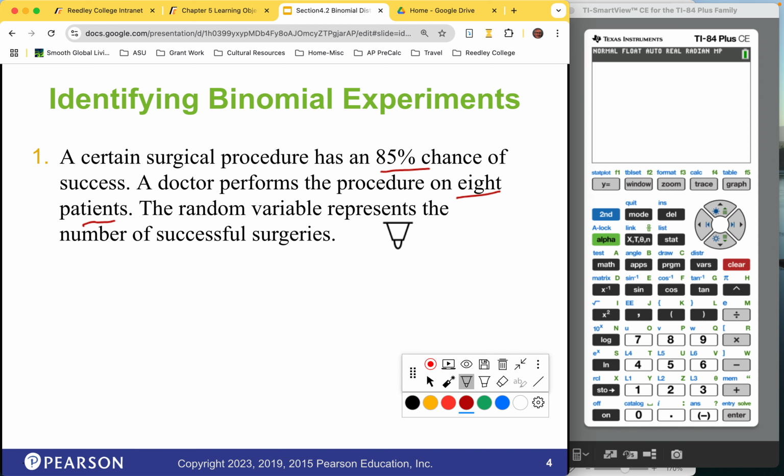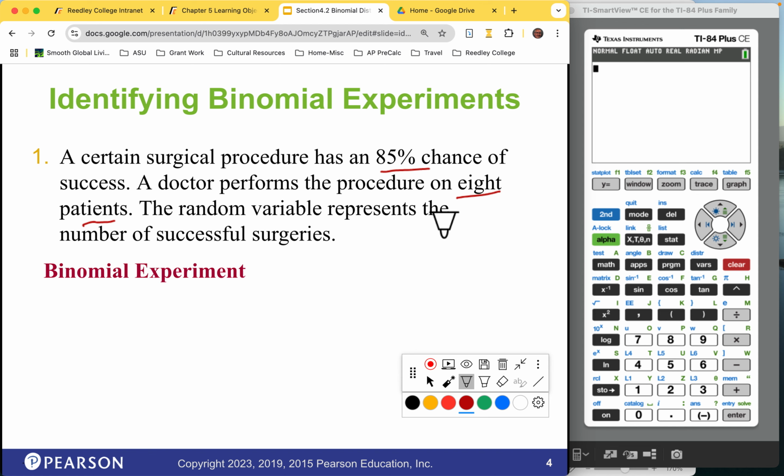Yes, no, or maybe. Feels like it, right? We have to make an assumption that each surgery is independent of success, but that sort of seems to do it. There's 8 patients, so he's doing the surgery several times, and it's either going to be successful or not successful. So there's only 2 outcomes. So that is a binomial experiment.